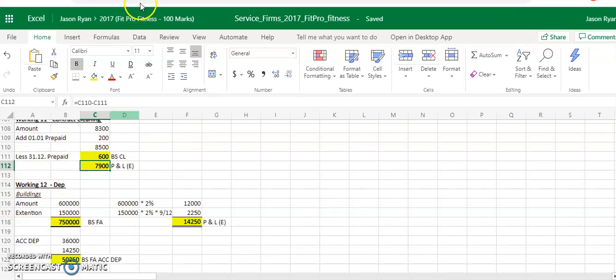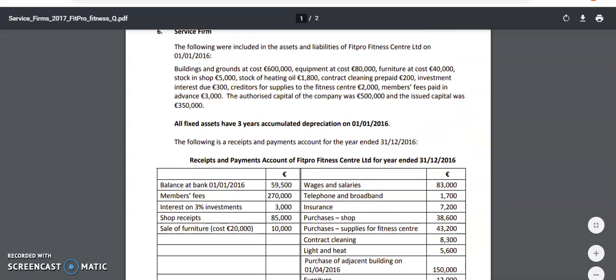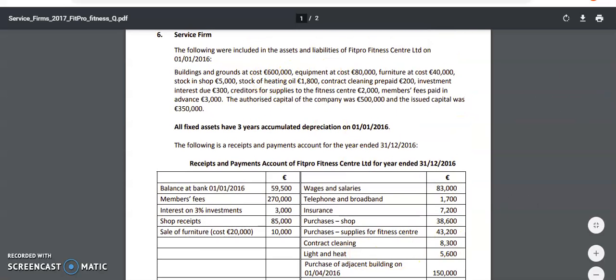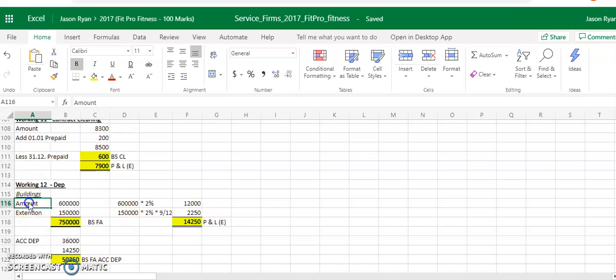So the amount for the buildings taken from the start of the question, 600,000. Then we bought more buildings on the 1st of the 4th of 150,000. So 600,000 plus your extension gives you 750,000. That goes into your balance sheet as a fixed asset.